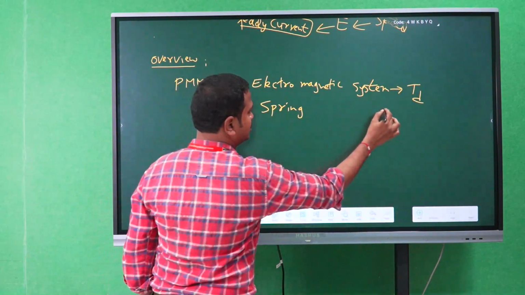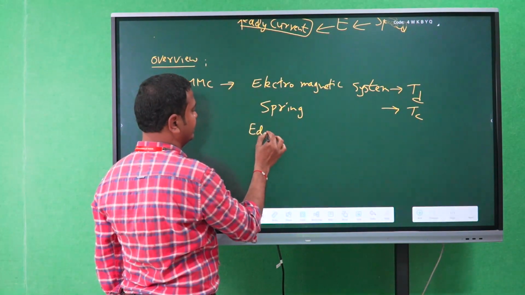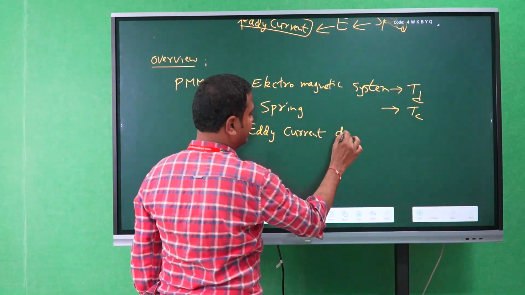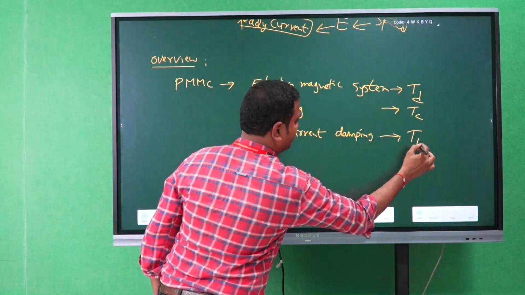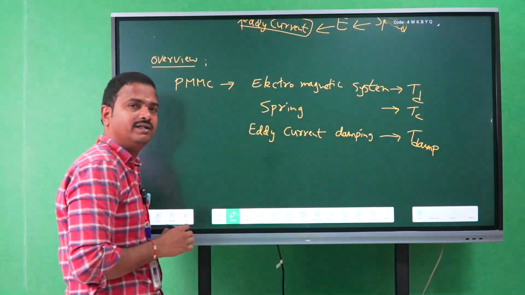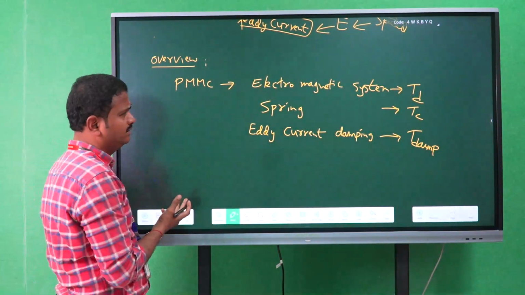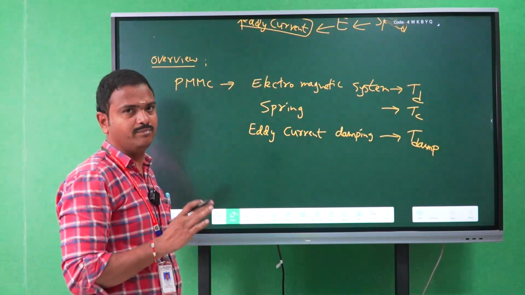We are using control springs for controlling torque, and we are using eddy current damping system for damping torque. Okay, so these three systems will indicate exact and accurate value on the meter.